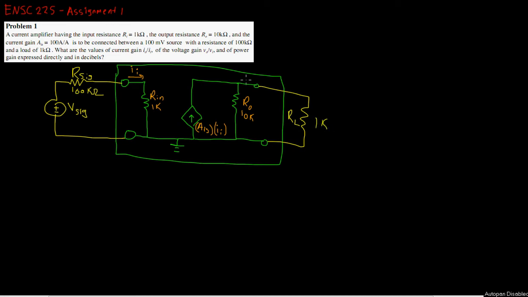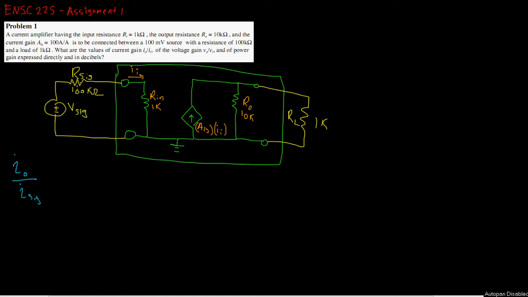Okay, so now we have the circuit drawn, and we can start finding the values. So first we want to find the current gain. The current gain is defined as I_O over I_sig in this case, or I_i. So I_sig would be the signal generator's current if this was a current source. So this stuff over on this side isn't actually a current source, it's a voltage source with a resistor in series with it.